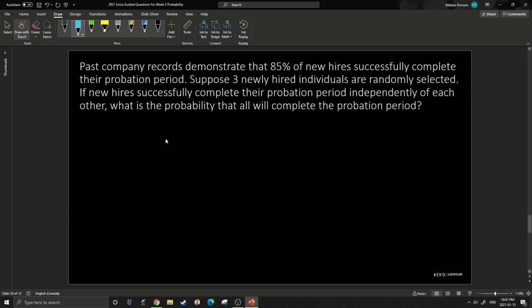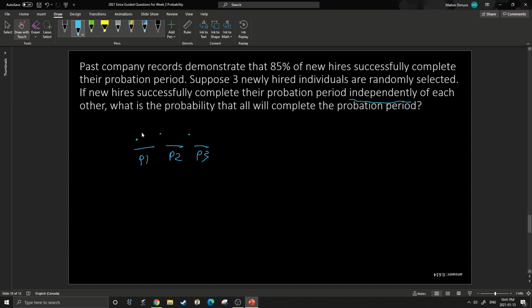There's an 85% chance they complete their probation period. We want to know that, and it's independent of one another. Okay, so it means we can multiply probabilities. All 3 of them completing their probation period, so you got person 1, person 2, person 3, and we're multiplying the probabilities. What is the probability? Well, there's an 85% chance they complete their probation period.